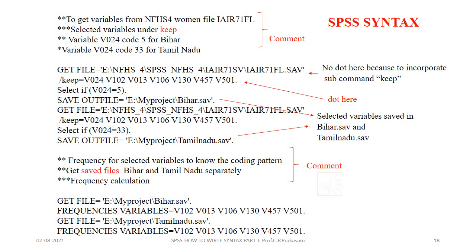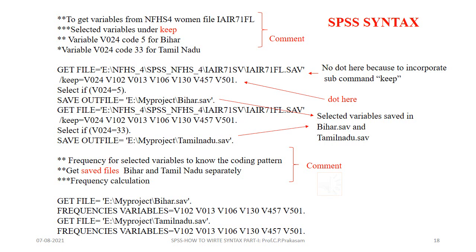Then slash keep equals, we will select the variables V024, V102 and so on, according to the research problem. Therefore, you see that when get file and the subcommand are given, until that subcommand ends, the dot is given. Before that we have not given the dot. That is the most important.